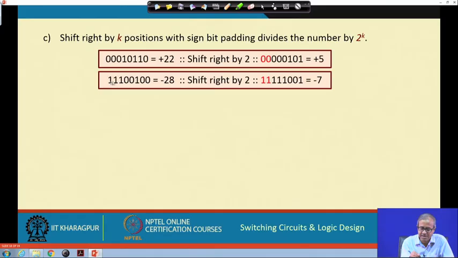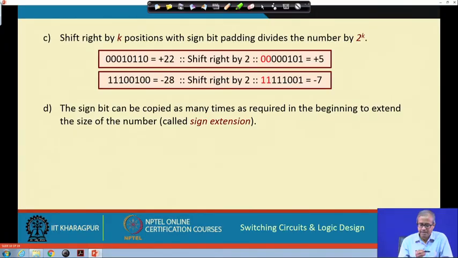Because the number was negative, let the number remain negative. So, it was minus 28, shift by 2, this number becomes minus 7, this you can check. So, again we are dividing by 4. So, shift right means division, shift left means multiplication by some power of 2.